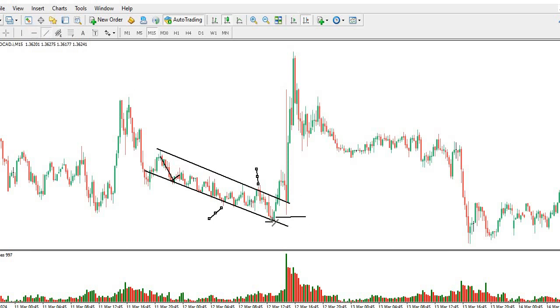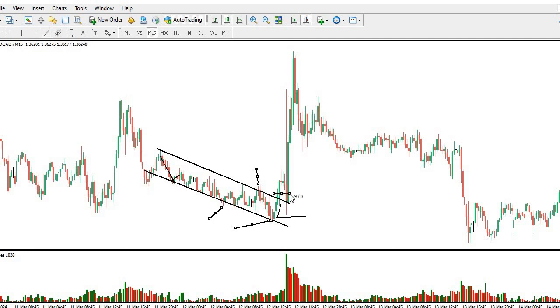Prior to that, the market formed a doji, the red candlestick, and in this phase of the move, the market has formed powerful bullish candlesticks. So first of all, we will immediately trade the market once the breakout happens to the upside.